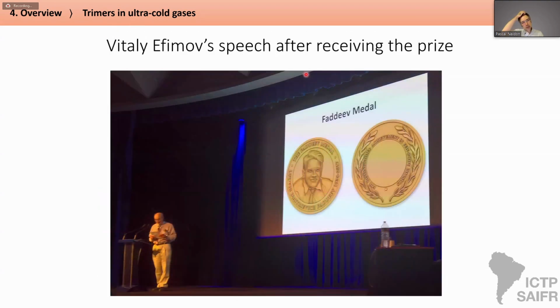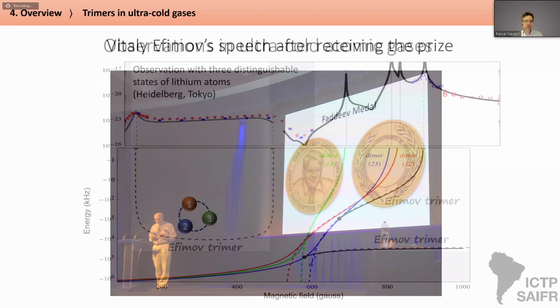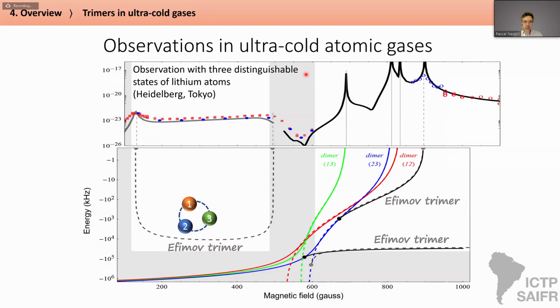Okay, so there have been other observations in ultracold atomic gases. Here I mention an observation with three distinct, so not bosonic atoms, actually fermionic atoms, but in that case these fermionic atoms can be prepared in three different internal states.